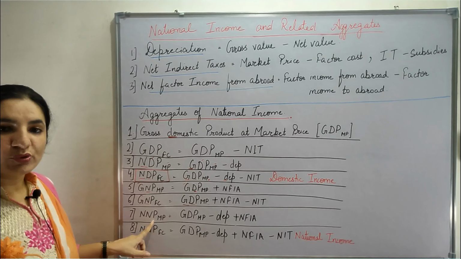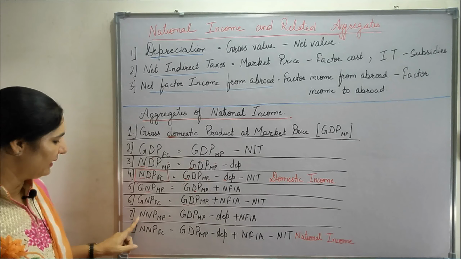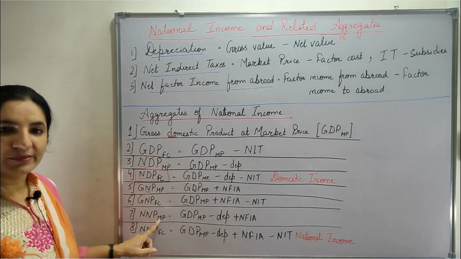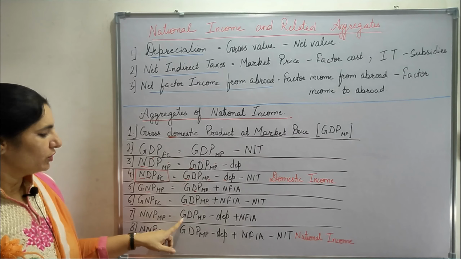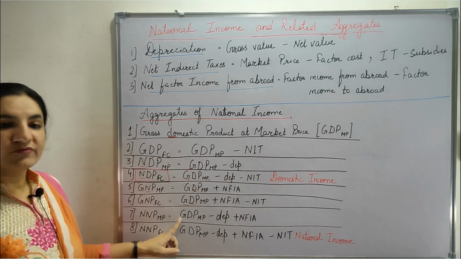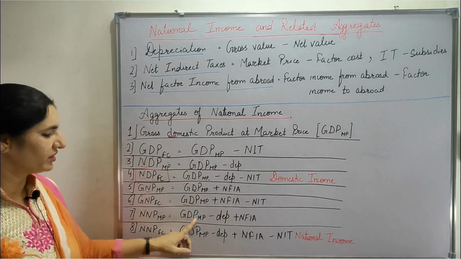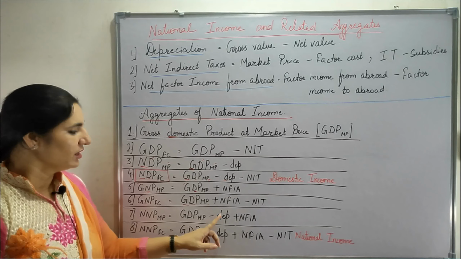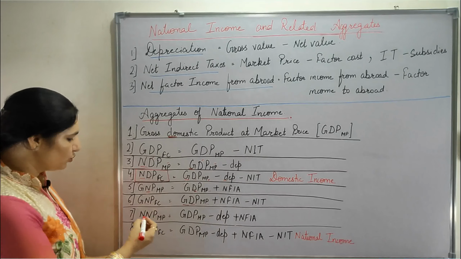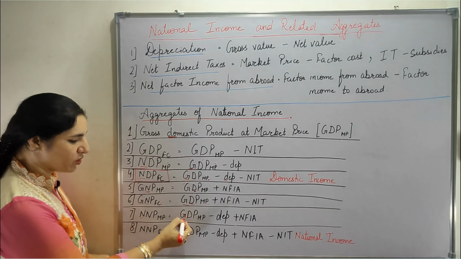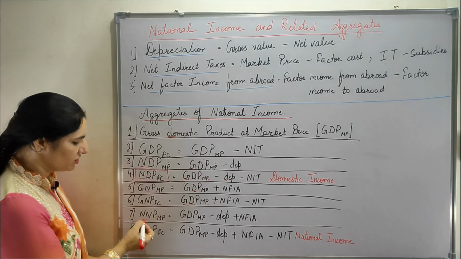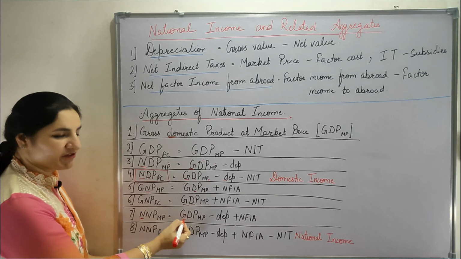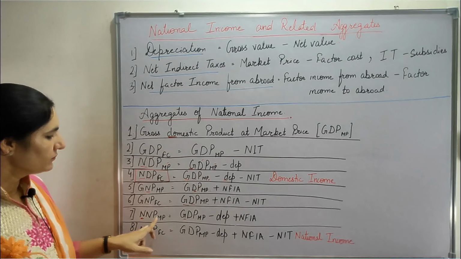Next is net national product at market price, NNP at MP. We are going to arrive at this aggregate from this basic aggregate GDP at MP. In gross domestic product at market price, we will reduce depreciation to arrive at net. That is, from gross value we have reduced depreciation and now these first aggregates have become equivalent.